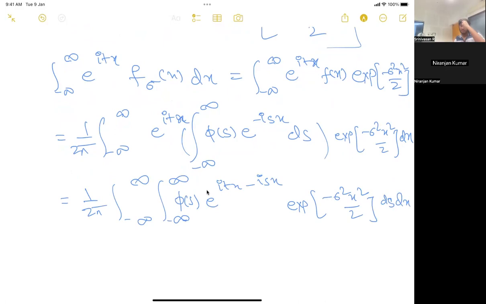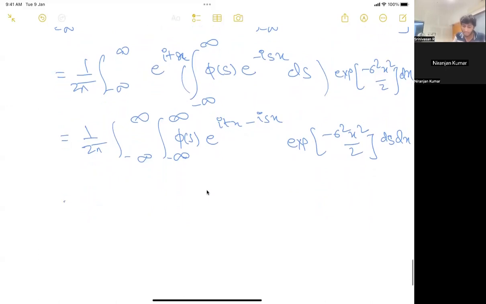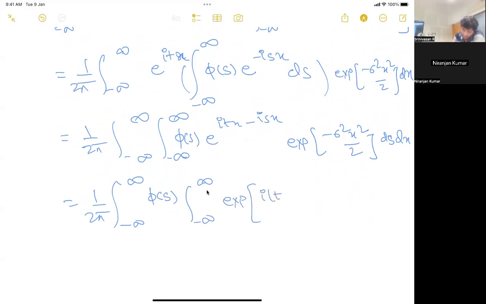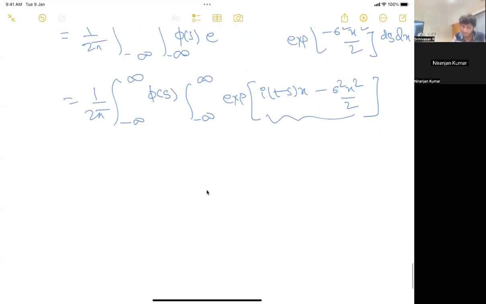ds dx. Now what we want to do is integrate this out over x. Phi of s. Now we look at this quantity and we complete the square as follows.